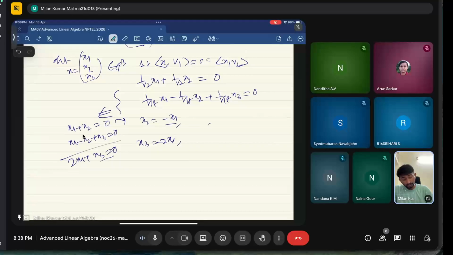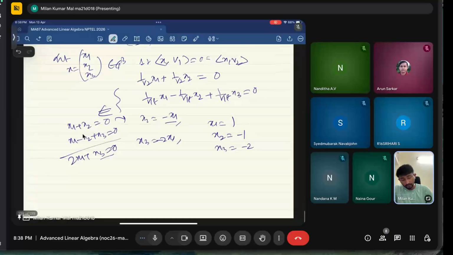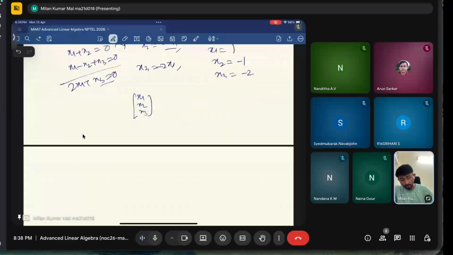If we consider x1 equal to 1, then x2 has to be minus 1 and x3 has to be minus 2. Therefore the vector v3 is 1 by square root of x1 squared plus x2 squared plus x3 squared, because I need the orthonormalization. This is 1 plus 1 plus 4, that is 6. That is 1 by square root of 6.